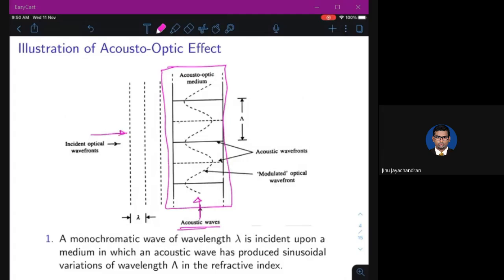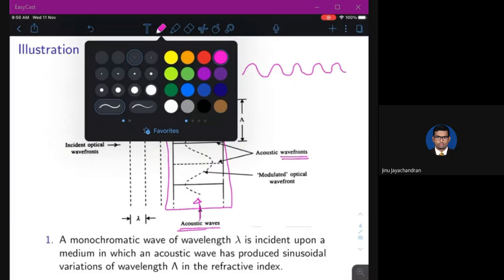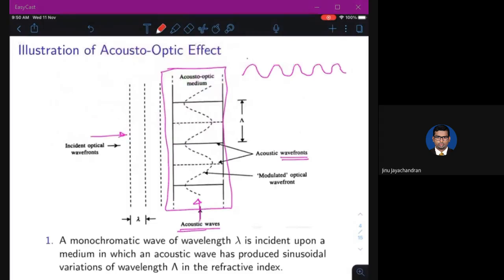Okay. Now you have something called a wavefront. So what is a wavefront? You can define it as follows: if you track any particular phase of the wave, then that is called a wavefront. For example, let's say this is a sine wave. Now I am saying that I'm going to track the maximum of the sine wave, which is basically this. So there is a plane I can draw here along which the maxima occurs.